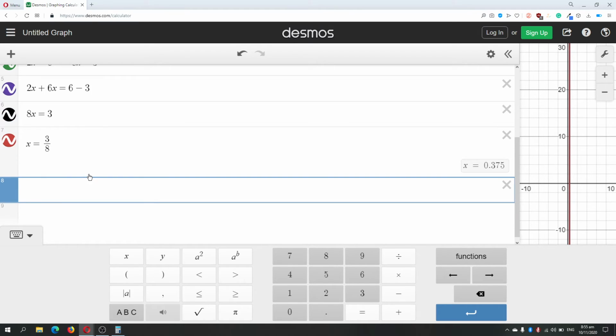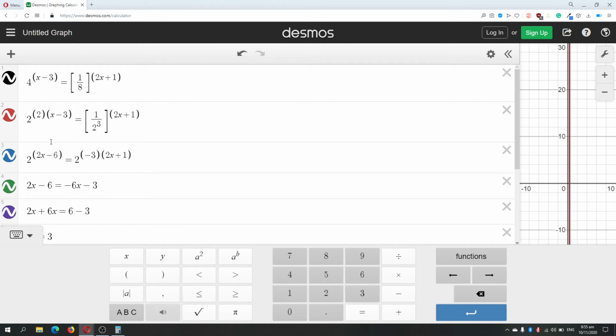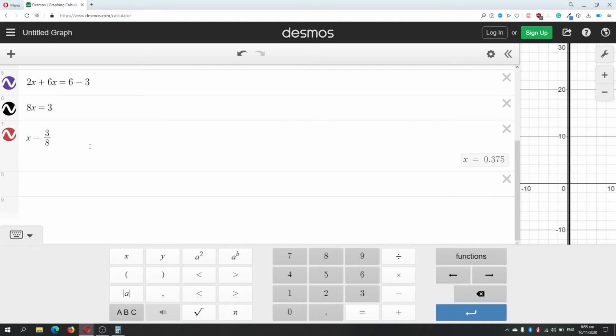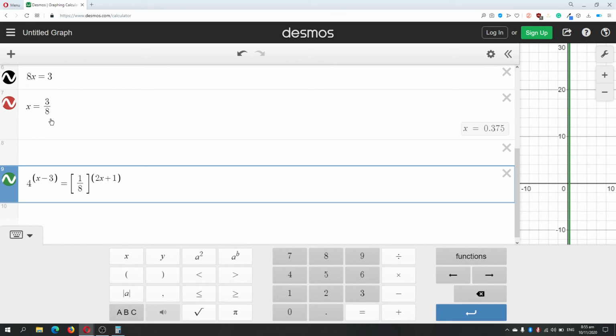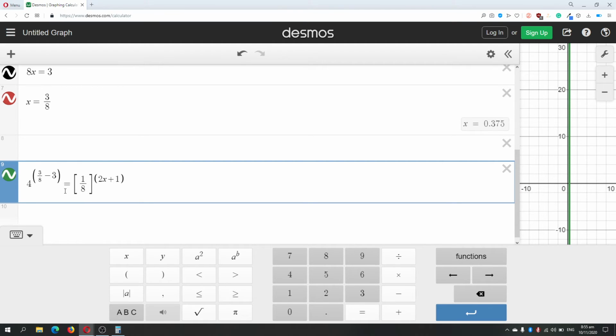So, if it is the value of x, try natin i-substitute dito. So, substitute natin kung parehas lang sila ng kalalabasan. So, the value of x is 3 over 8. Tapos dito, multiply by 3 over 8. Okay.